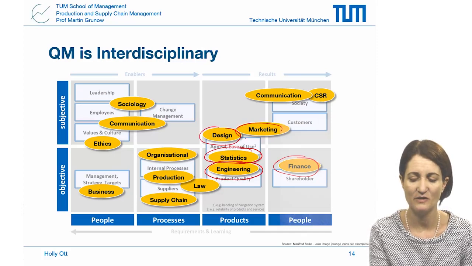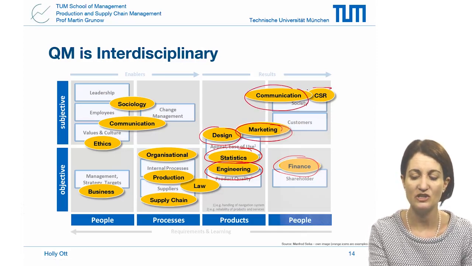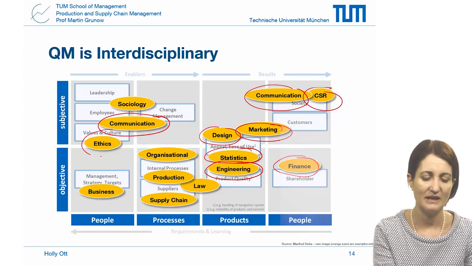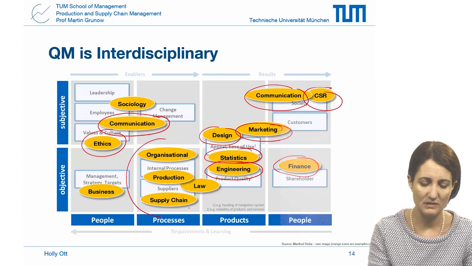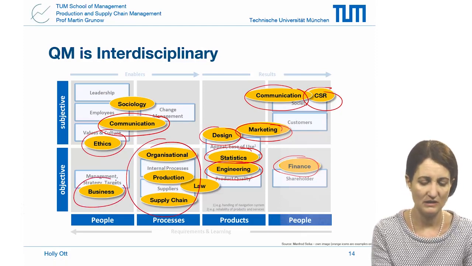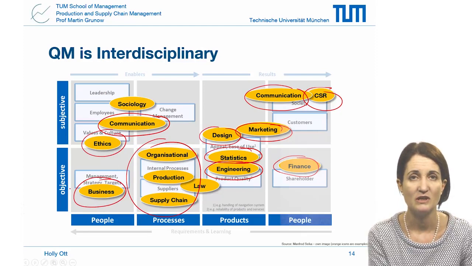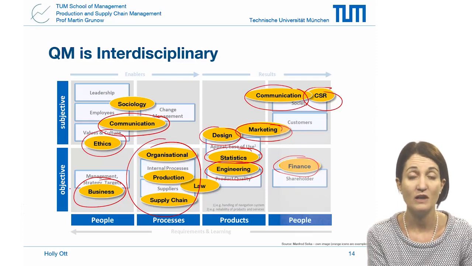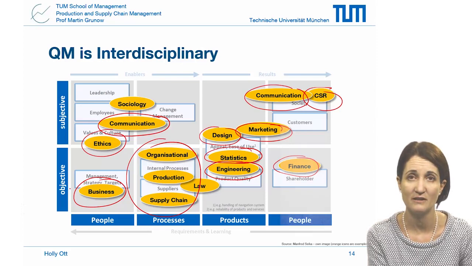You have the design, you have the marketing, communication, corporate social responsibility, ethics, supply chain production, the entire business strategy. So what you see here is that everybody in the company has a stake in quality. Quality is no longer just the inspection team at the end of the line that costs resources and time. Quality is a mindset and a culture, and it drives the company towards the goal of total quality management.